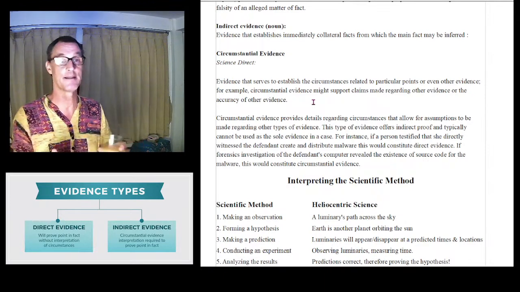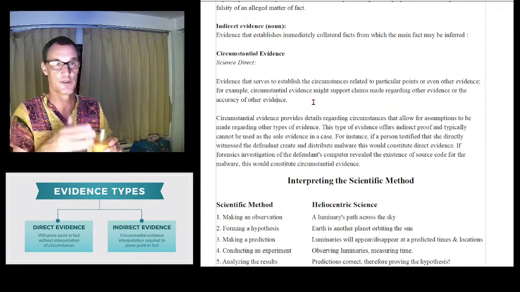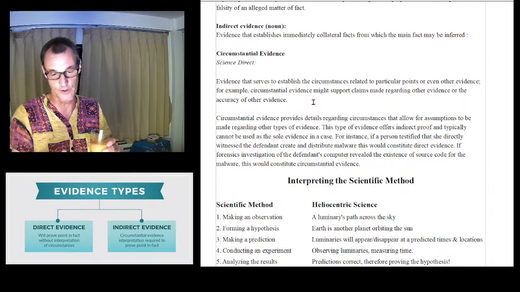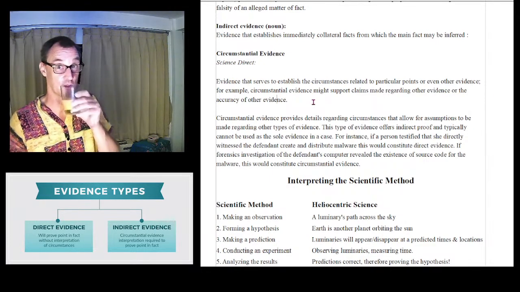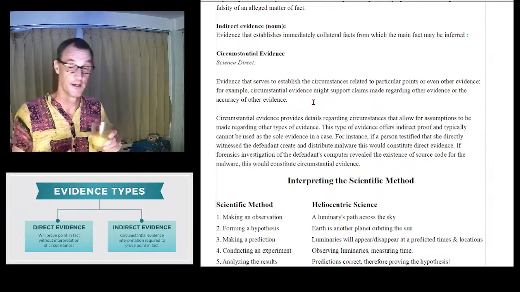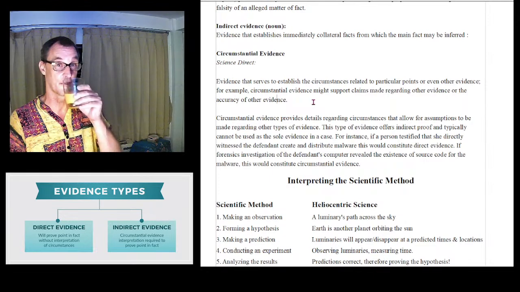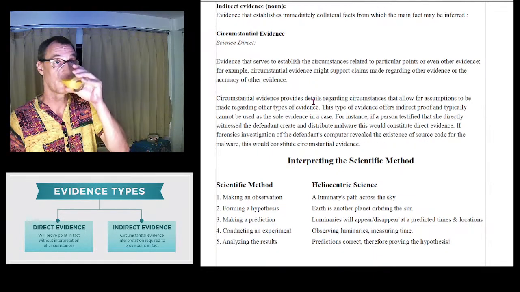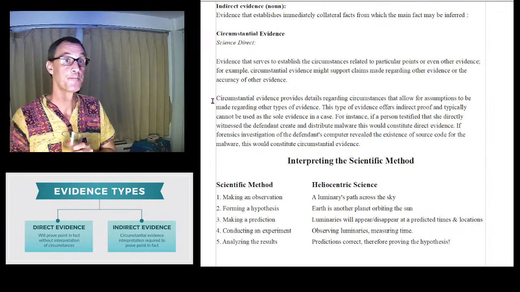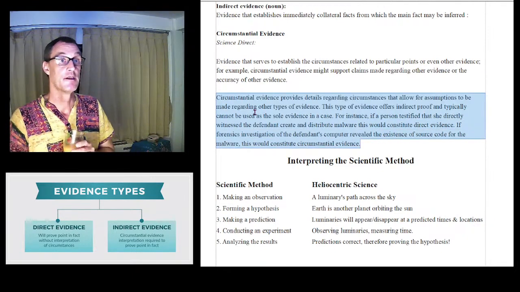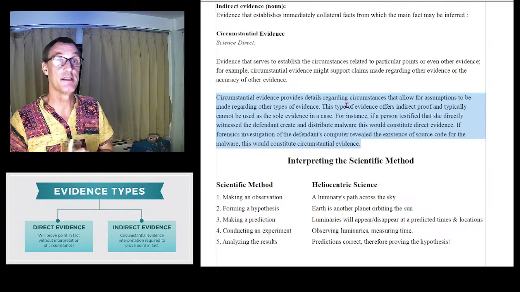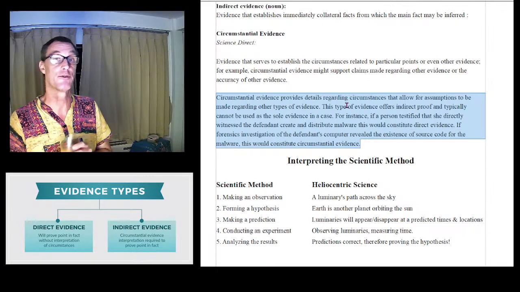They are compartmentalized, and often they are not circumstantial evidence because they're not supported by any other evidence or measurements or a way of just validating the so-called evidence in the first place. So it goes on. Circumstantial evidence provides details regarding circumstances that allow for assumptions to be made regarding other types of evidence.